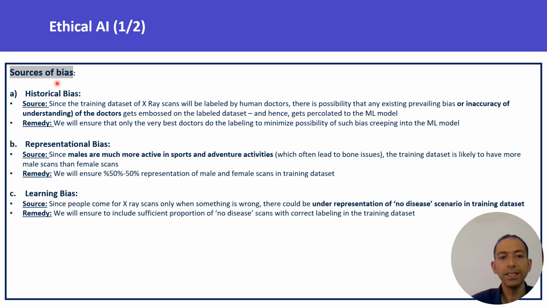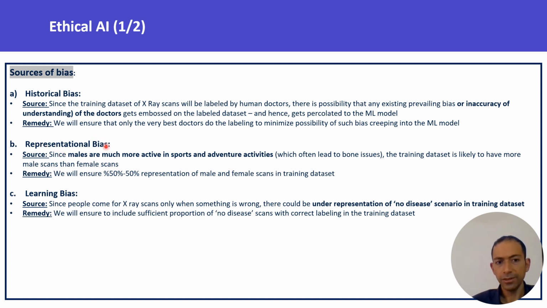So some errors or bias will naturally creep in, because even the expert doctors will not be 100% accurate in their diagnosis. And we will remedy it by leveraging the best doctors we have available for labeling the training data set. Plus we may employ multiple doctors to label the data set and see if they agree in the labeling process.